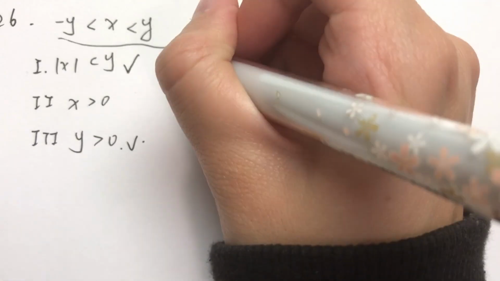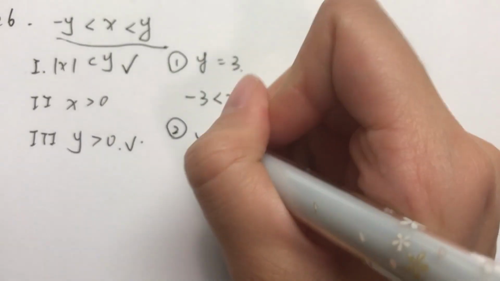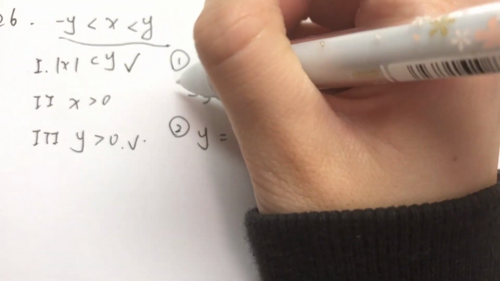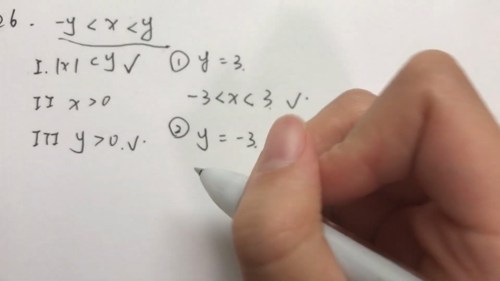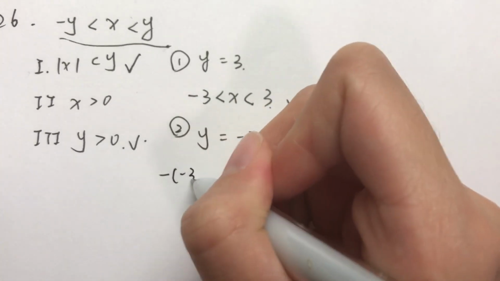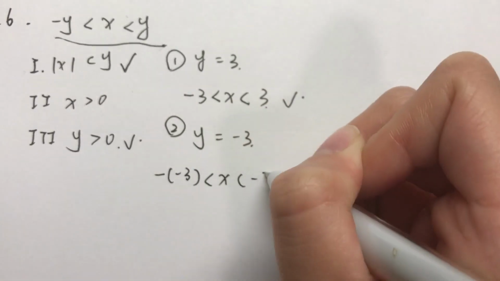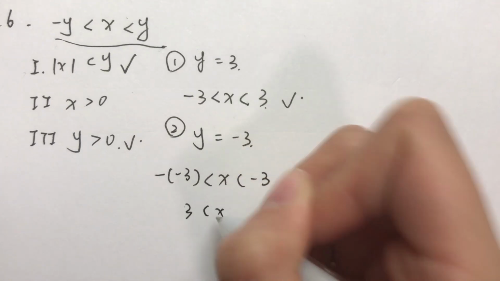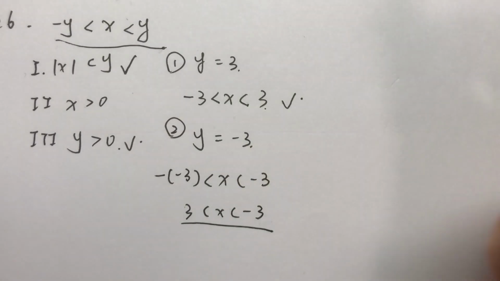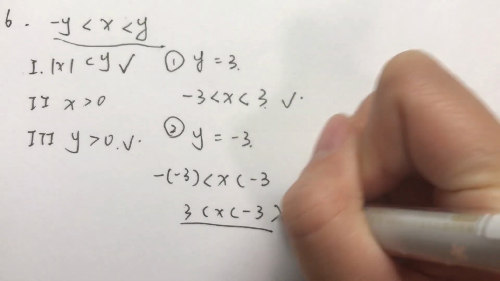The other situation is if y is equal to -3, then we plug into the inequality. So the inequality should look like this. So from here we know this is incorrect.